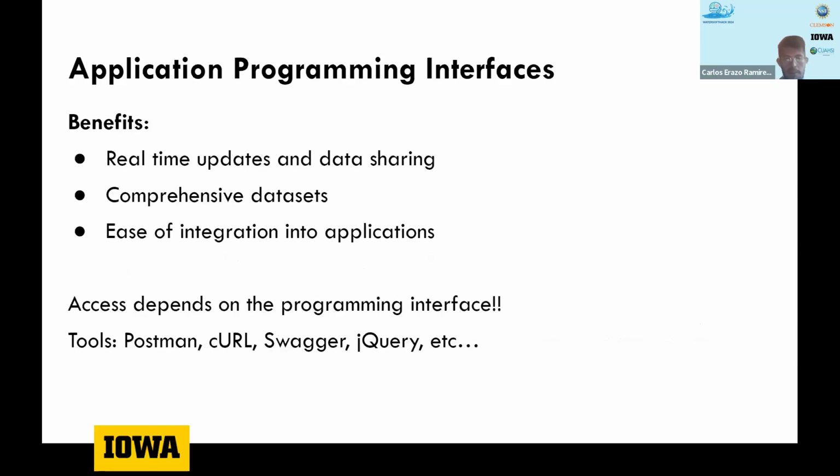So what are the benefits of an API specifically for data resources? Real-time updates and data sharing. A good example is in your phone. You get data in your phone, and afterwards you're able to see disaster declarations, for instance, or you have an alert that's being done through an API that is being called.